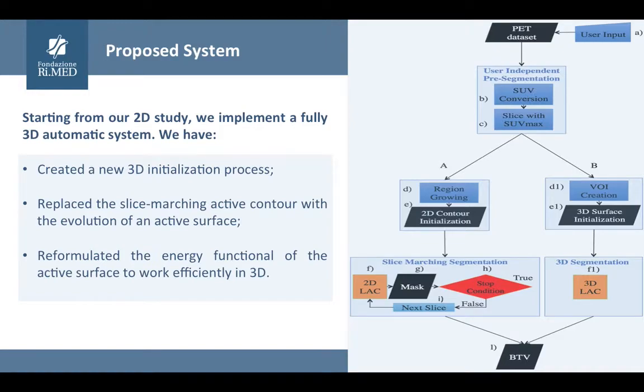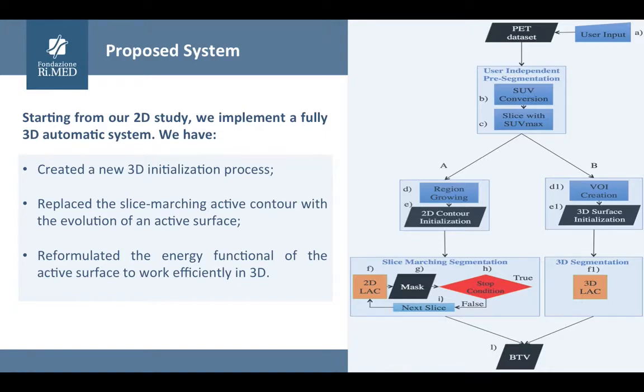In previous work, the first step was the automatic identification of the optimal starting 2D mask surrounding the tumor using the region growing method. This mask was used as input for the subsequent step of the system, where the segmentation process was performed combining a local region-based active contour algorithm appropriately modified to support PET images.